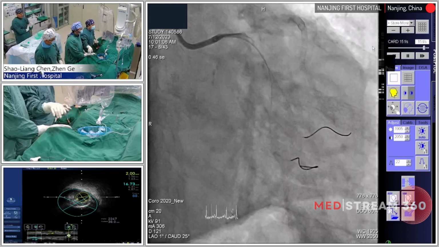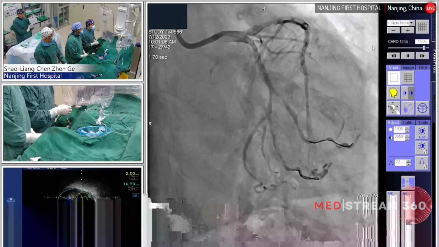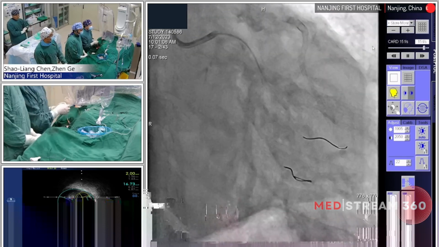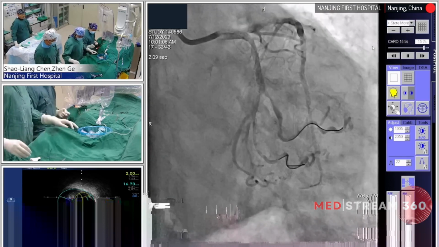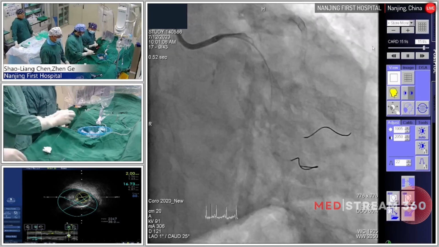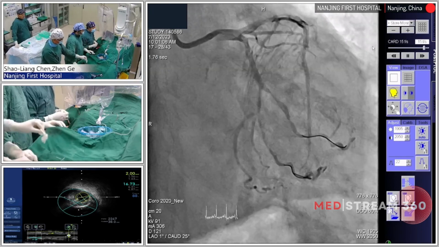Could you show the IVUS image for the proximal circumflex to identify if there is a calcified nodule or plaque features? Yeah, this is the proximal circumflex. So no calcified nodule.